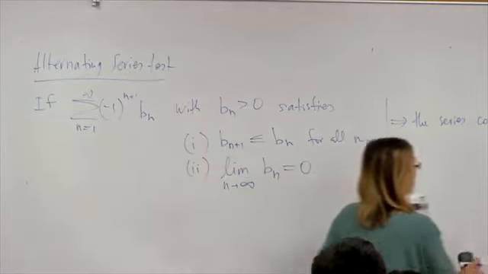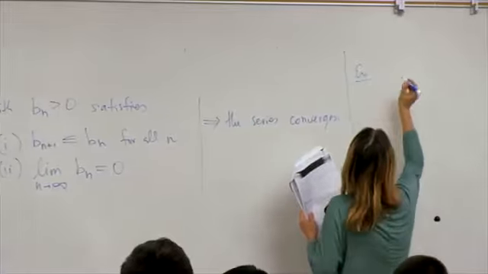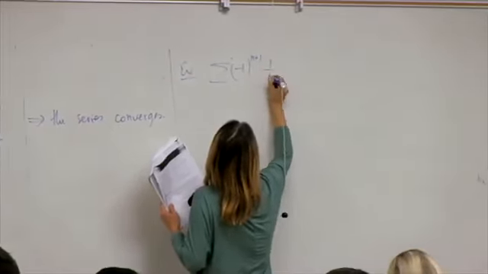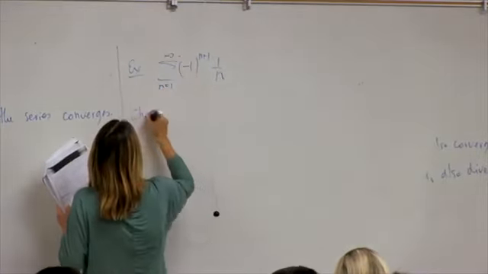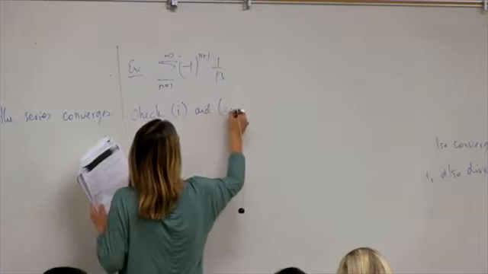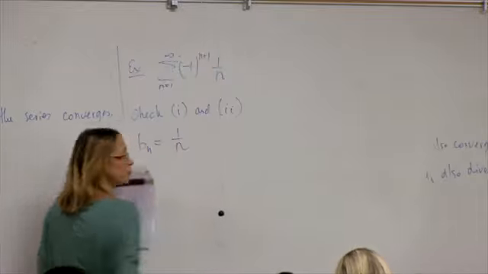So let's check. Let's use the example of the alternating harmonic series. Check conditions 1 and 2. So what is bn? bn is 1 over n in this case.